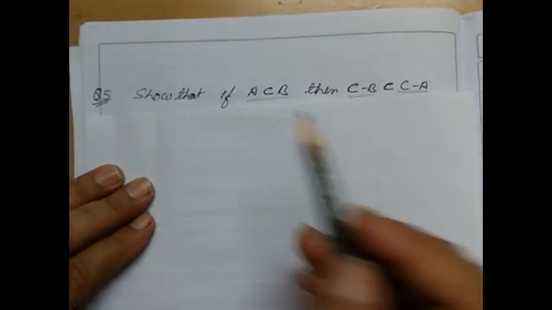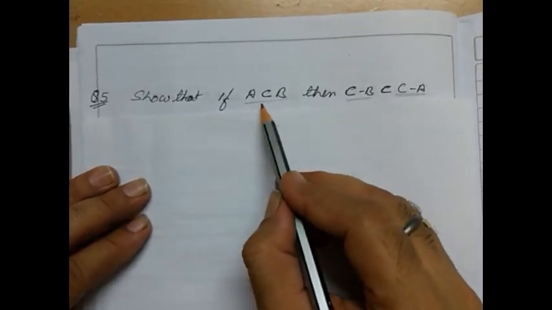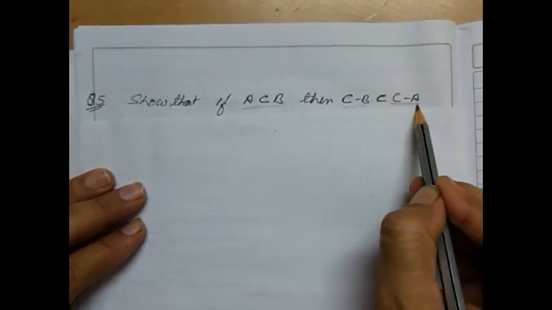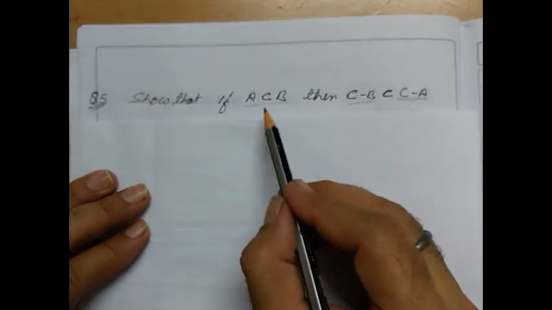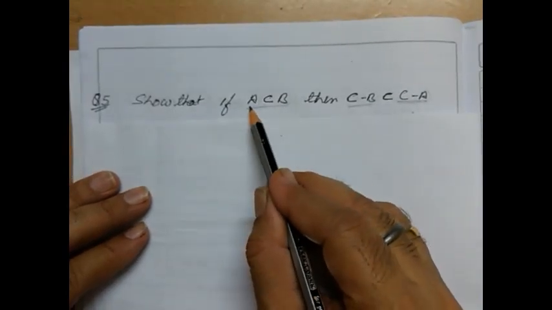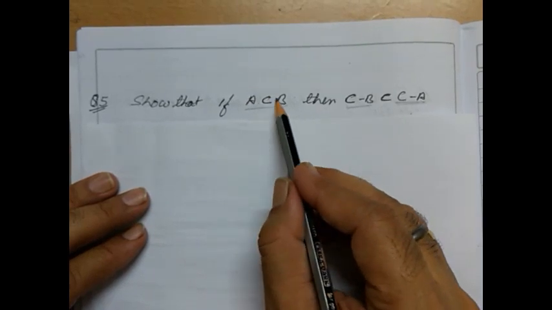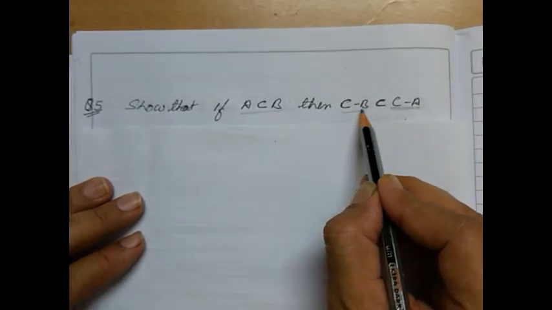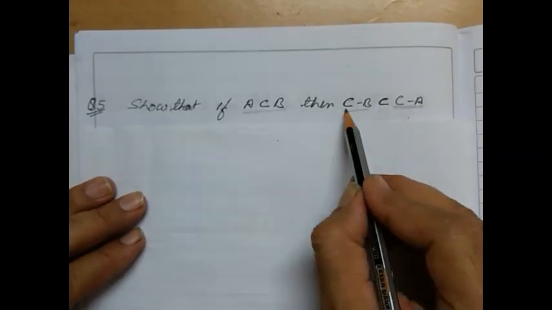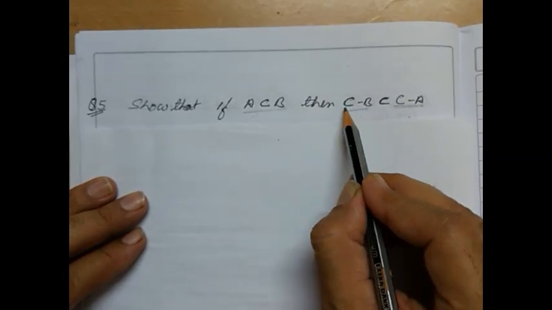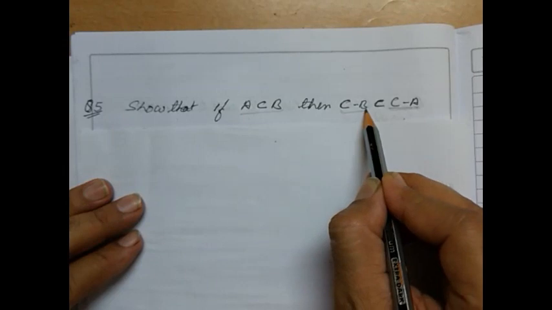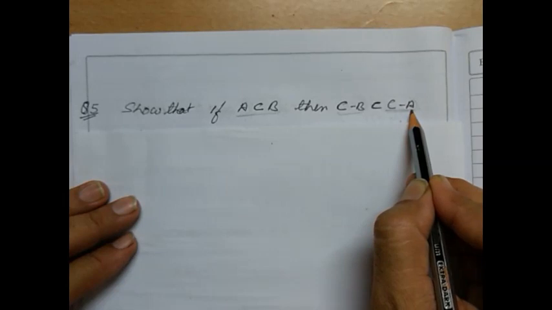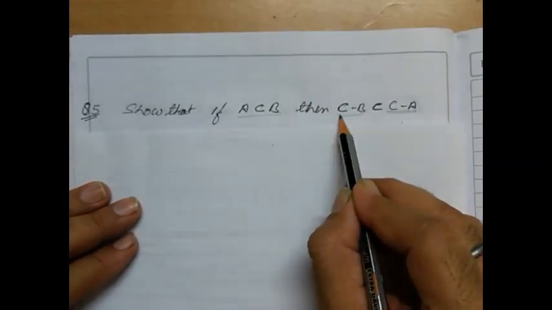Question number 5 says, show that if A is a subset of B, then C minus B is a subset of C minus A. Now here we know very well that when A is a subset of B, all the elements of A are present in B. And here we need to show that C minus B, C is another third set, the elements of C that are not present in B, are also not present in A. Then only it will become the subset, isn't it?